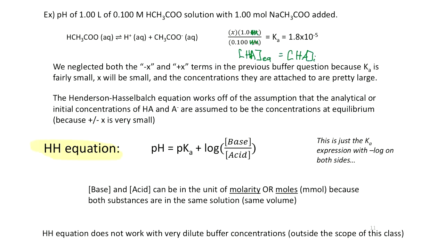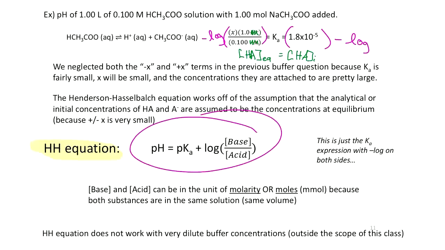So what these two people did is they took the Ka expression, took the approximation, took the negative log of both sides, rearranged it, and came up with this new equation. This equation, pH equals pKa plus log base over acid, is just the Ka expression where you've taken the negative log of both sides.